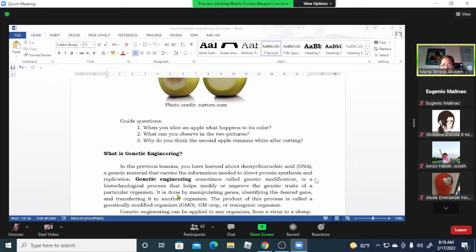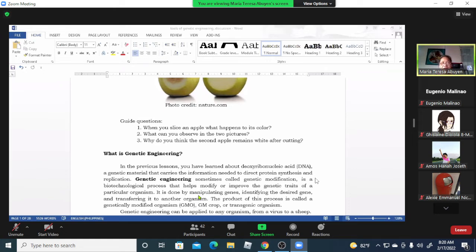How is this done? It is done by manipulating the genes. So you have to manipulate the genes, meaning genetic engineering starts at the cellular level.